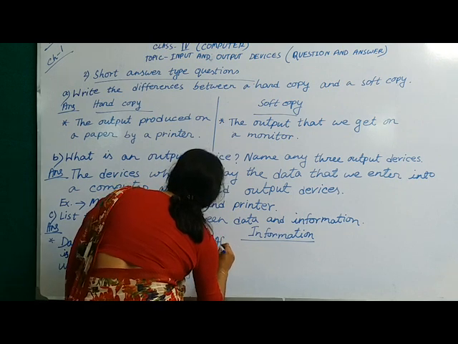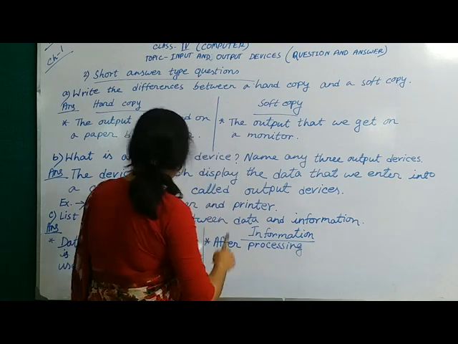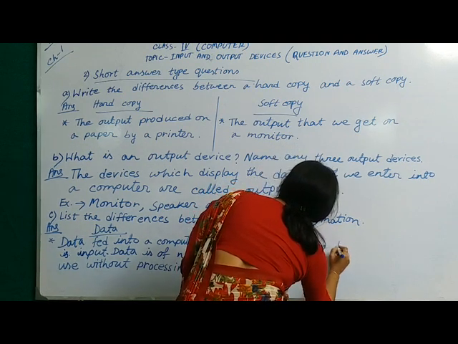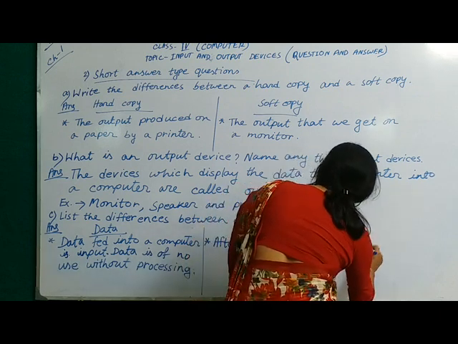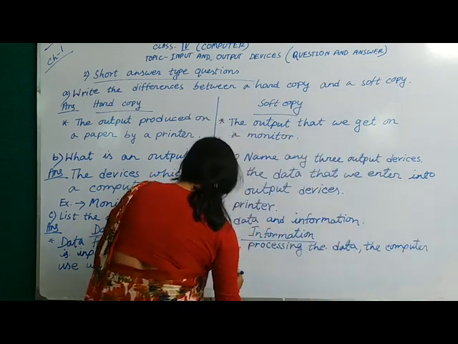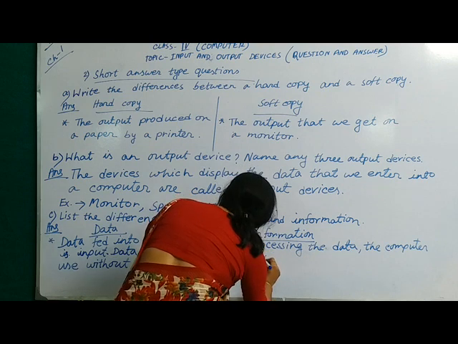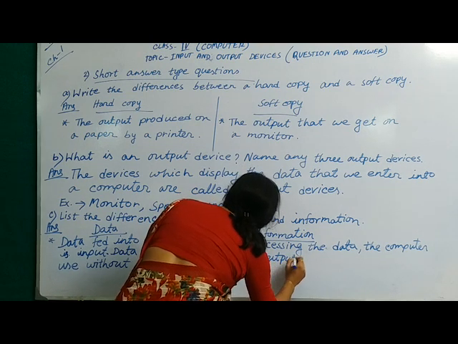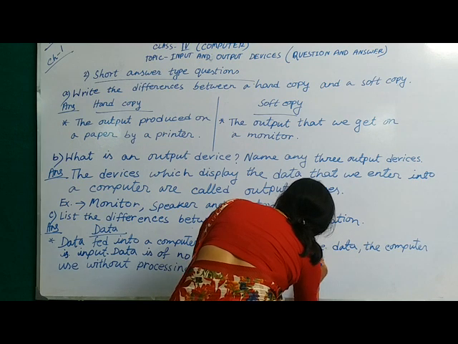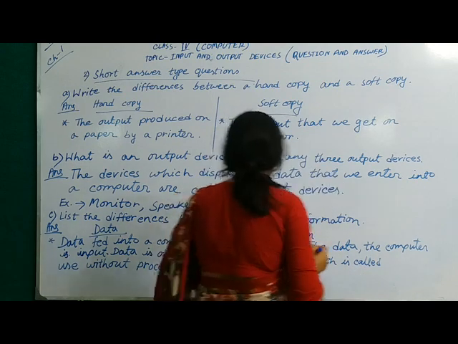After processing the data, the computer produces output which is called information.